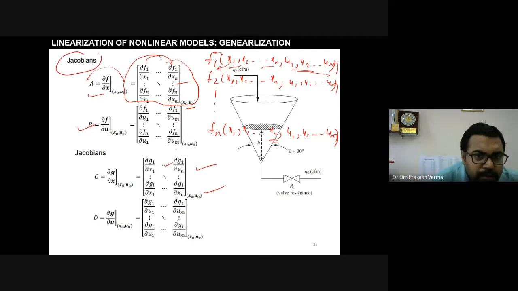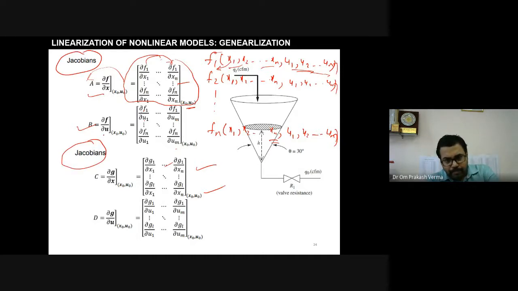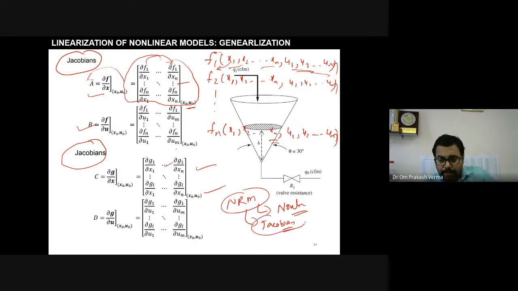Now come to the next point: this matrix is known as the Jacobian matrix. When you are using the Newton-Raphson method for non-linear equations, we use such a Jacobian matrix. It is a very tedious task to find it if the number of simultaneous equations is higher.